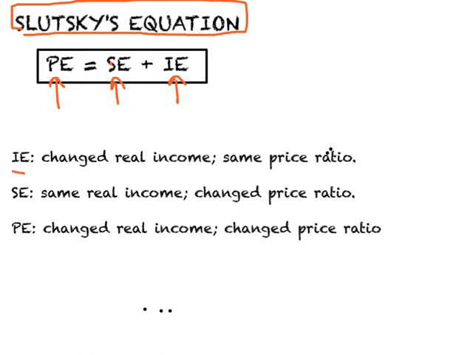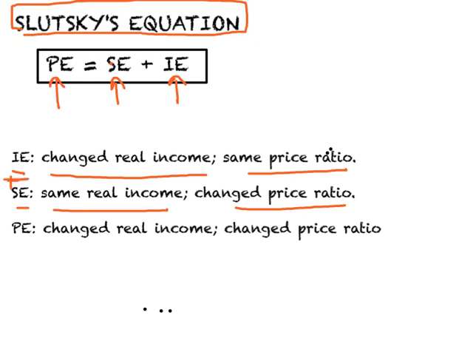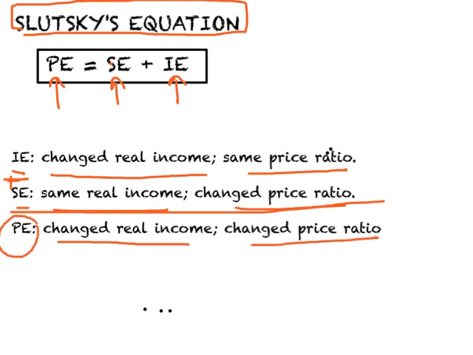Because income effect changes real income with the same price ratio. Substitution effect keeps the same real income and changes the price ratio. And when you add up these two, what are you going to get? Changed real income and changed price ratio, and that we know is the price effect.